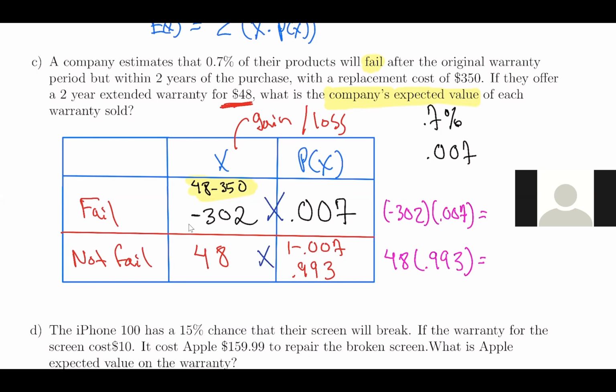The reason you're subtracting is that the company is losing $350, but they're not losing the entire $350 because they still have the original $48 that somebody paid for the warranty. So they're not out the entire 350. If they do have to pay out the 350, they still have the original $48. That way you do 48 minus the 350.